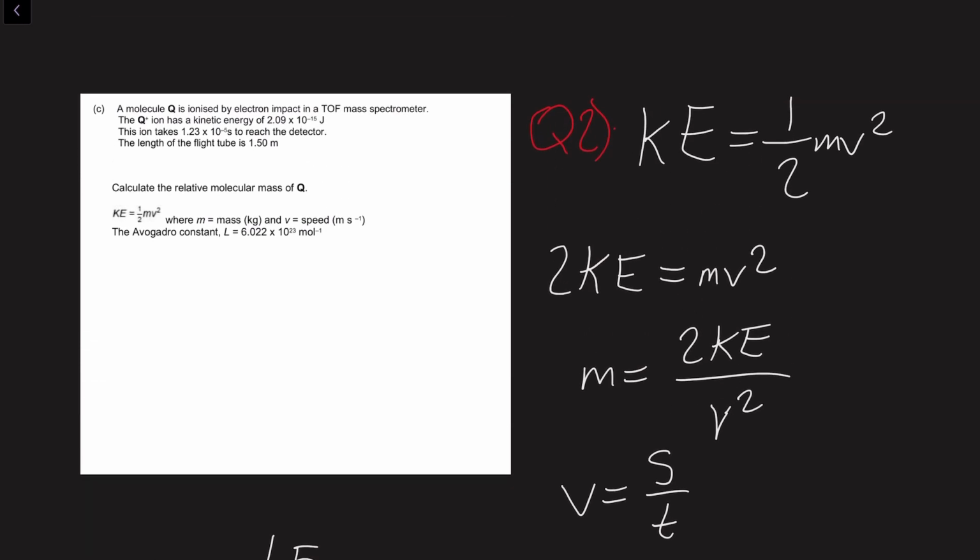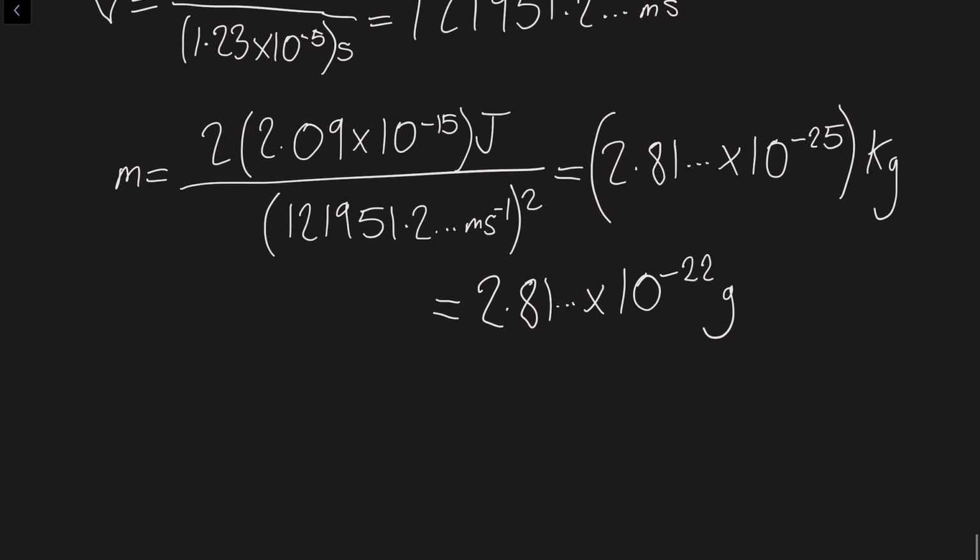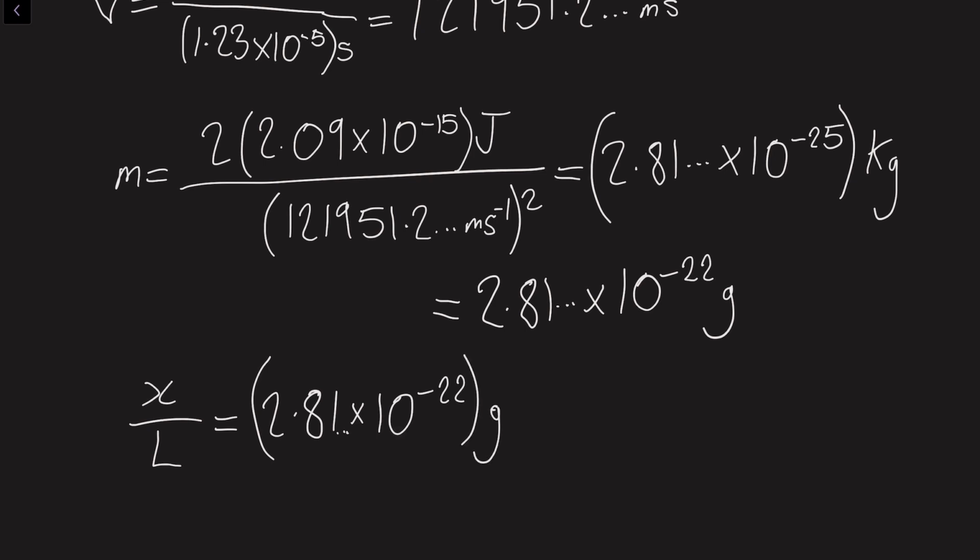Now to find the relative molecular mass, we need to use this formula here. So we need to do x divided by L equals, I'll explain what's going on here. x is the mass number, right? L is the Avogadro's constant. So you remember, if you want to find the mass in grams, you need to divide the mass number by the Avogadro's constant.